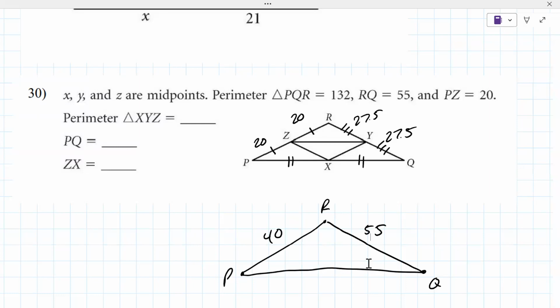Sure. 33, or 37. Oh, wait, the 130. So you're taking 132 subtracting 5.